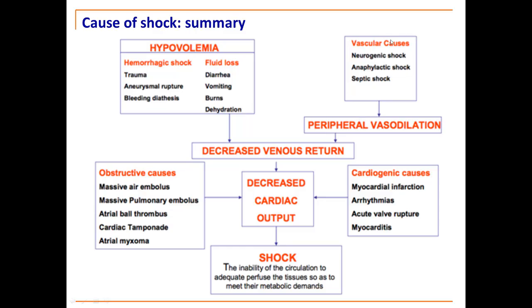You've got those vascular causes that we talked about, so neurogenic, anaphylactic, and septic, leads to peripheral vasodilation, and that, of course, leads to that pooling, and you get a decreased venous return, decreased cardiac output, and shock. You've then got your cardiogenic causes, such as your heart failure, your MIs, arrhythmias, whatever it might be, leading to decreased cardiac output. And then you've actually got these other ones as well, and I did touch on them a little bit earlier. You've got some obstructive causes as well. So all of these various mechanisms can lead to that decreased cardiac output and shock.